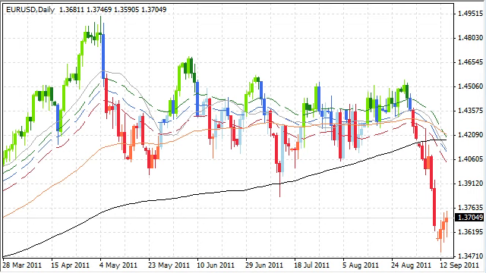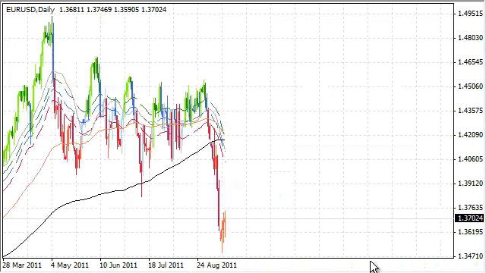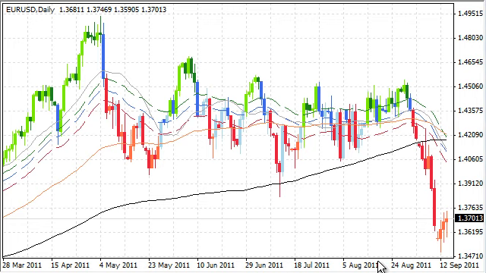Well, one of the things that I did outline Monday and Tuesday was the 4-hour setup. So let's start with this daily chart. Directional bias is certainly down, so that does open up the 4-hour swing short.